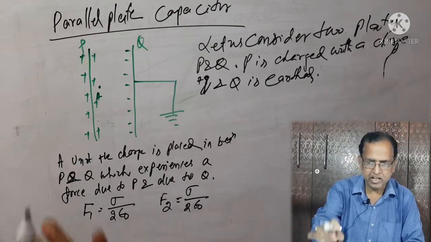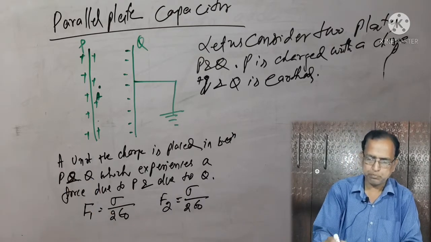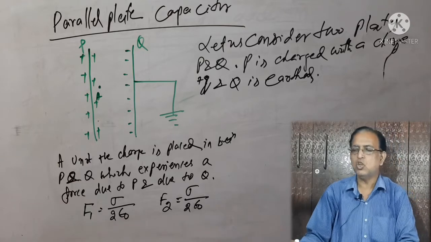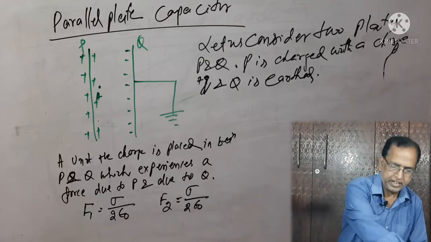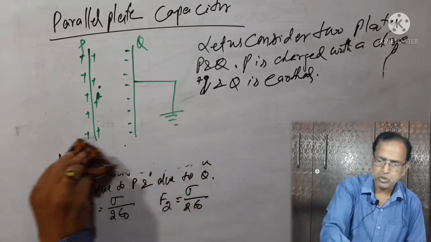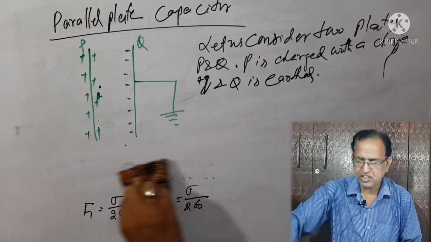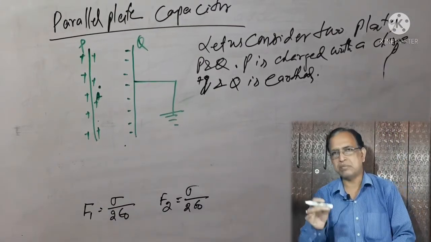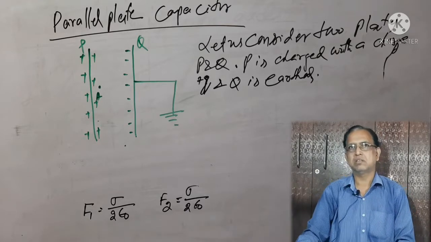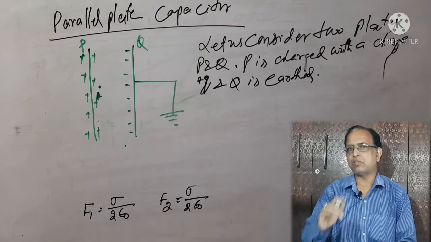Okay. So what is the intensity? As the force is sigma by 2 epsilon 0, what is the intensity? Intensity is the force experienced by the charge. Here the charge is a unit positive charge.